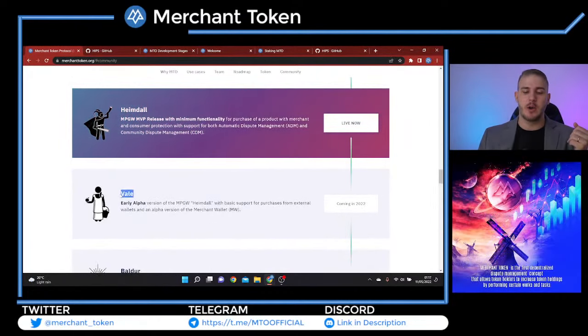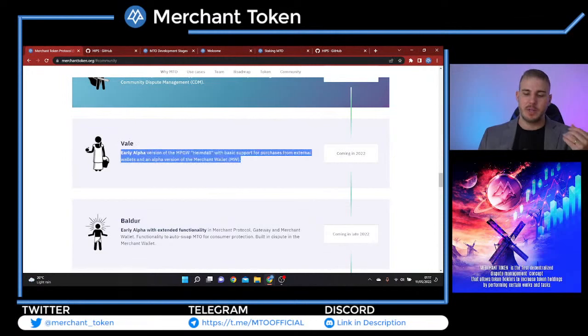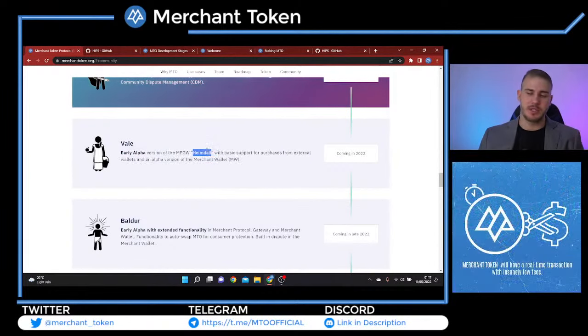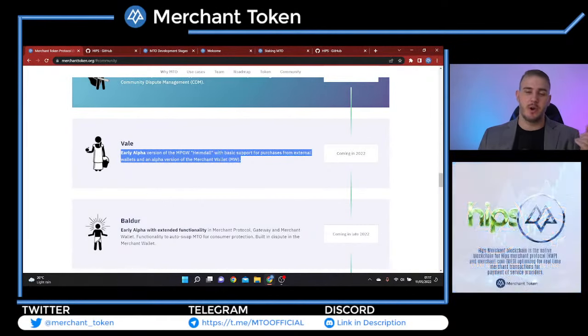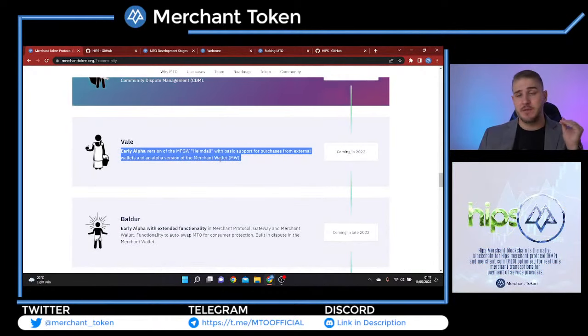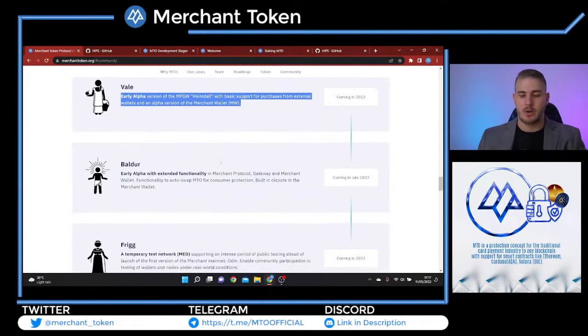Then we will end up in Veil later on this year, which is the early alpha, which comes with the merchant payment gateway with basic support for external wallets, and an early alpha version of the merchant wallet. If you haven't seen it, there is another live stream, the previous one, that you can go and look at, the video of the merchant wallet, and you can see what stage we are at already.